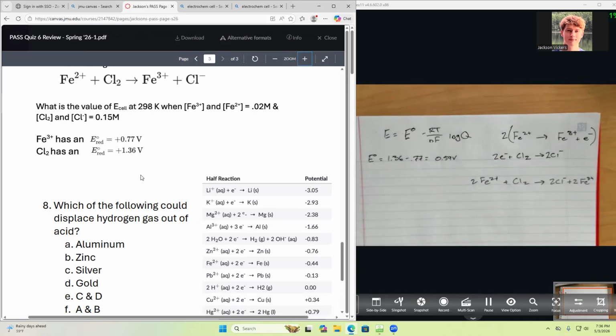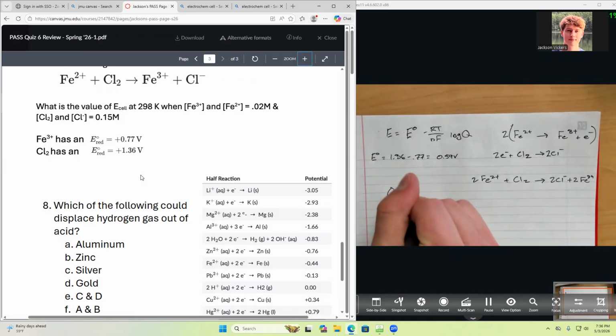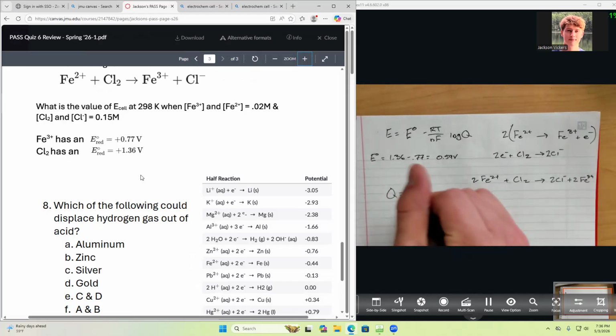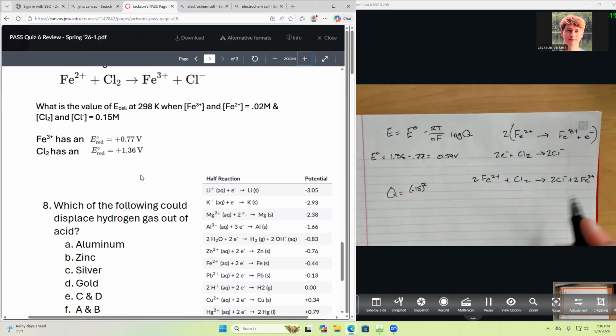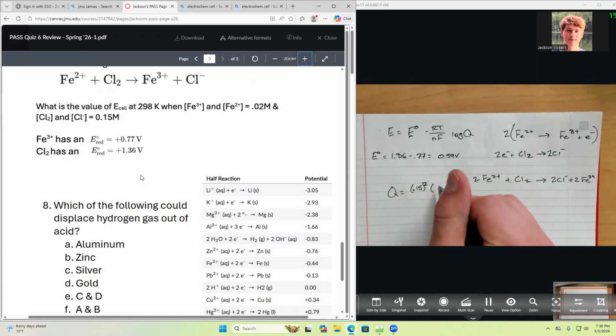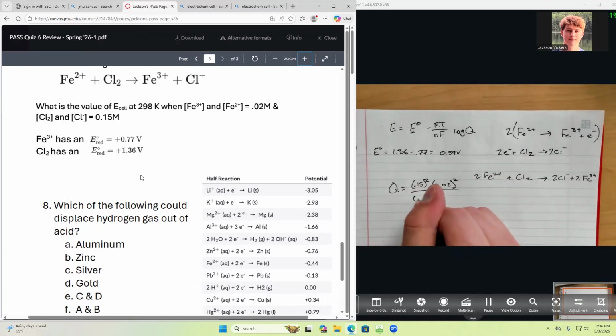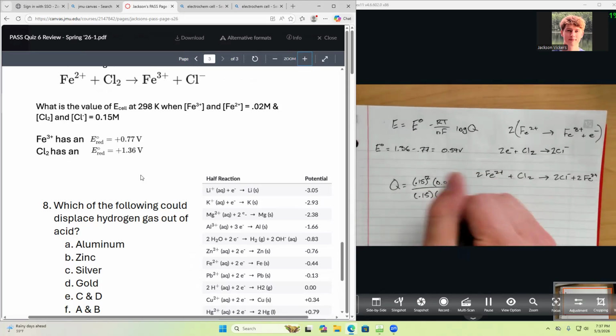So now we have this. And then the last part is finding out what that Q is, and we can plug that in here. So Q should be Cl minus squared, so 0.15 squared, and then Fe3+ squared as well, so 0.02 squared, and then over chlorine gas with no exponent times Fe2+, which is going to be squared as well.